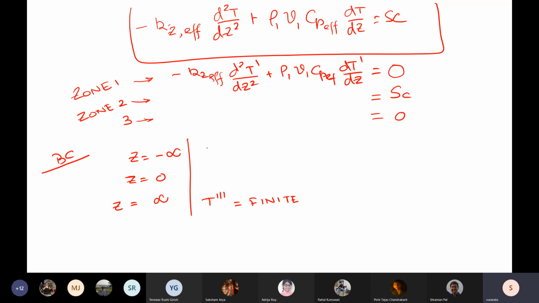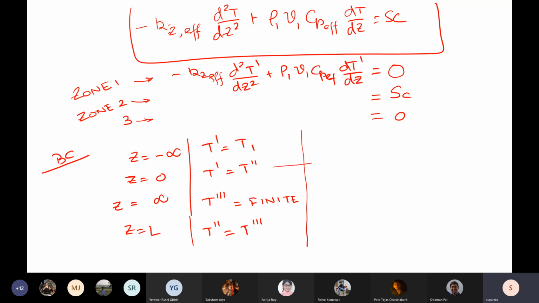At z equals minus infinity, T1 is going to be equal to T suffix 1. At z equals 0, T1 would be equal to T2. And at z equals L, I did not write that, your T2 would be equal to T3. So these are the continuity of temperature. The same way I have continuity of temperature, I also have the continuity of heat flux.